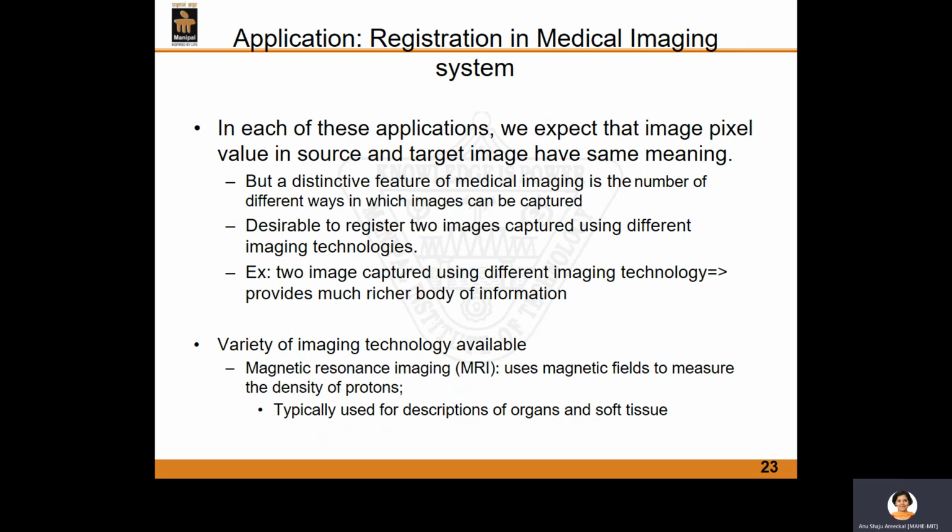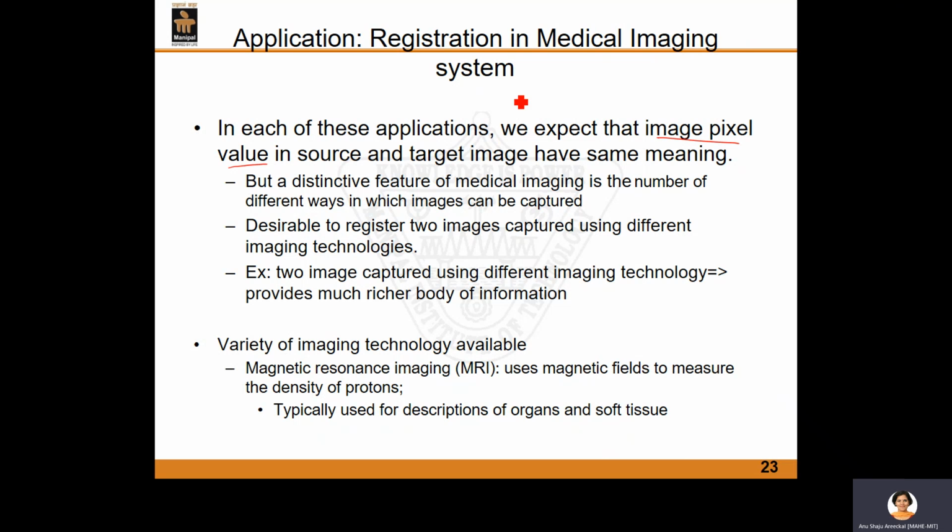That means we were trying to compute the transformation between the individual pixel values present in the source as well as the target. But when it comes to medical images, we cannot exactly use these kinds of pixel to pixel dependent registration techniques.